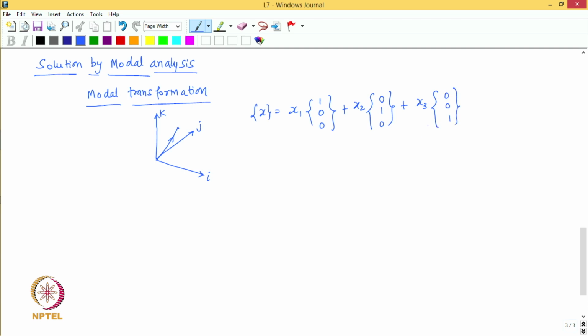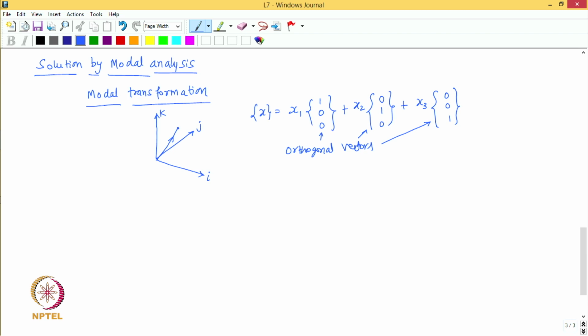So, these 3 vectors are orthogonal vectors, and they form the basis vectors of this space, because any point in this space can be expressed as a linear combination of these 3 vectors.